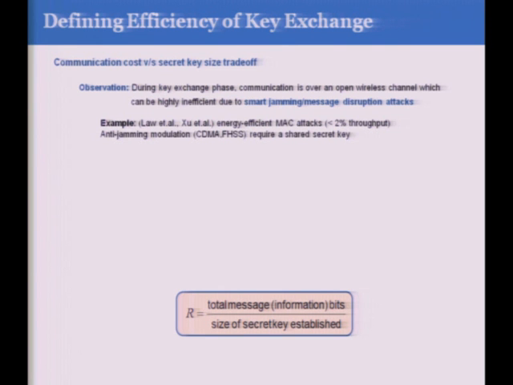In fact, the only opportunity for the adversary to mount such disruption attacks. Because once the key gets exchanged, the two nodes could go to the spectral modulation, evade the adversary at the PHY layer, and you're done. And the adversary will have a much harder time to disrupt communication.